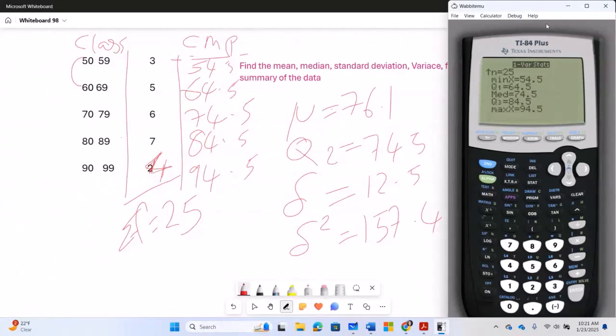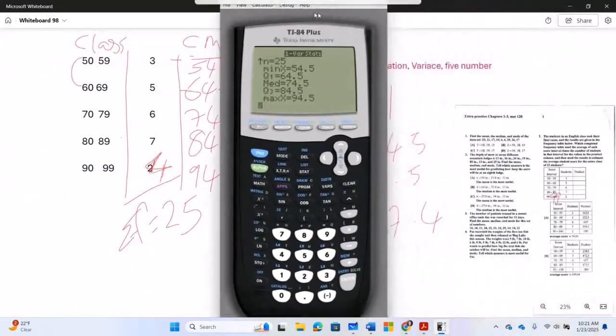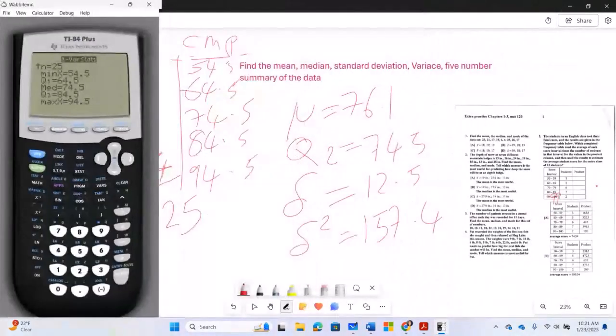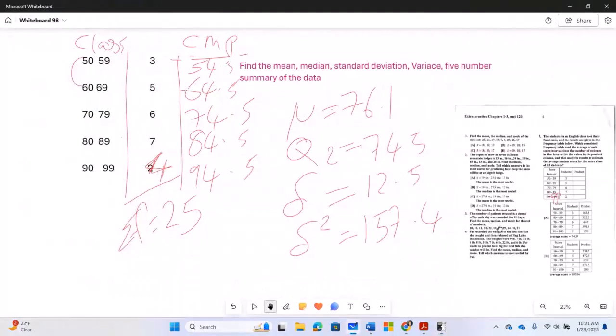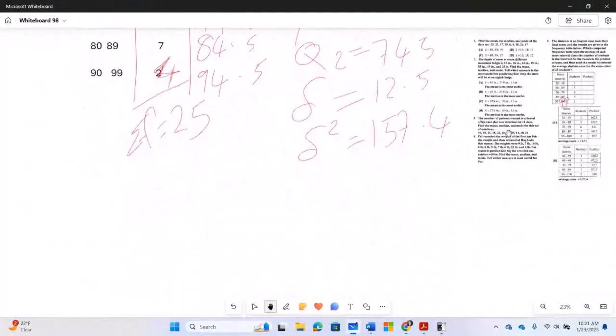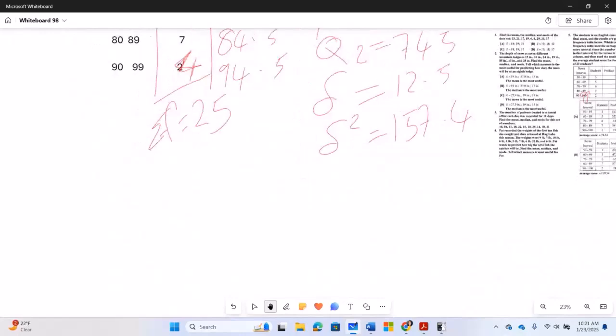Okay, so now my 5-number summary is: minimum number. I am going to grab this and move it out of the way so I can write my 5-number summary here.